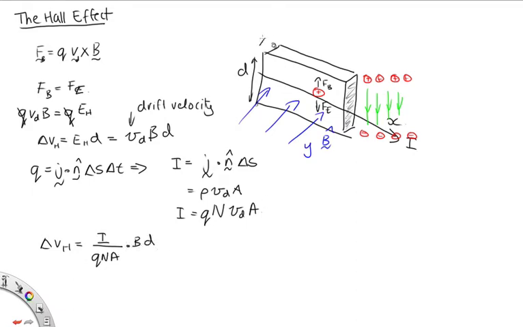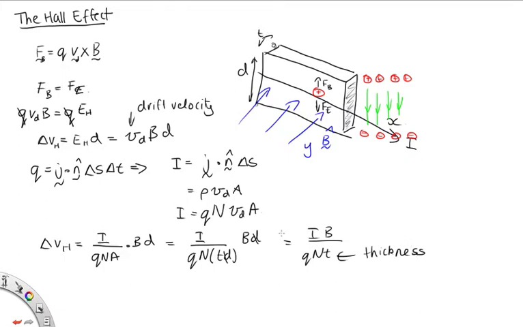If we want to call this distance here the thickness, we could write that our area is td, and so these d's cancel out, and we've got IB over Qnt, where t stands for the thickness, and n is the number of charge carriers per unit volume.